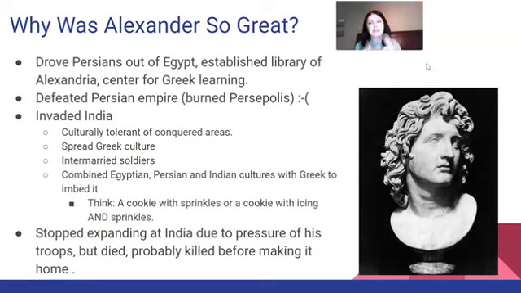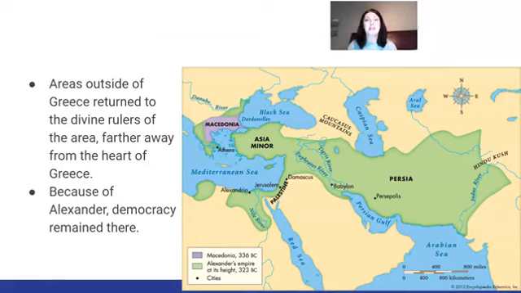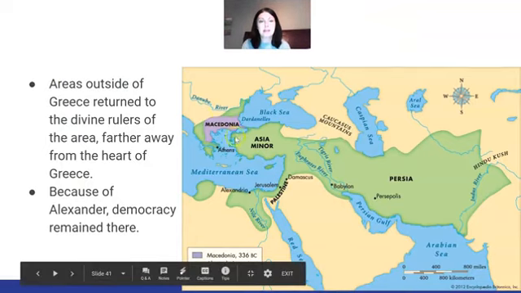Now, it was either because he drank himself to death, got swamp fever, or was poisoned by his own soldiers because he was starting to act like a god. But either way, even after he dies and his empire splits into 3 pieces, we're going to see that Greek culture remain.